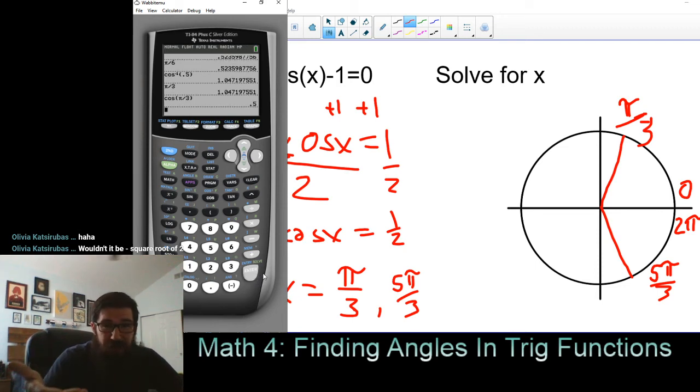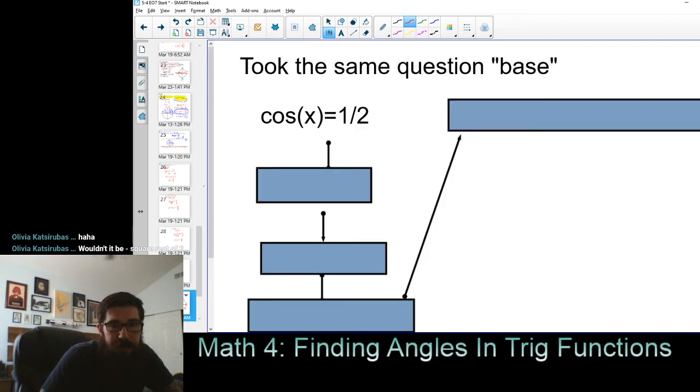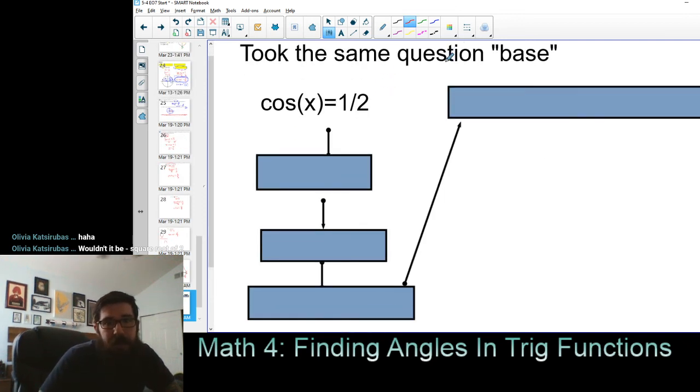Absolutely. So that's one of the answers we're looking for. But the calculator is never going to be able to spit out this other answer. If we do 5 pi over 3, do we get 0.5? Yes. Be very careful about this unit circle symmetry. I'm going to hit some of that in the other video, going over some speed quiz things tomorrow. For now, let's finish this guy out and get you on with the rest of your day.